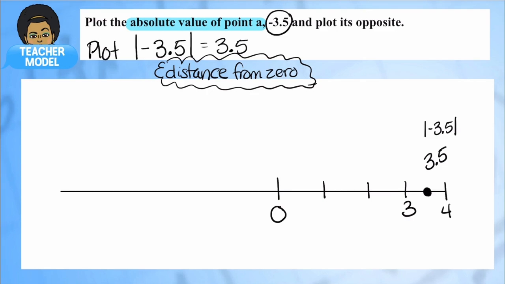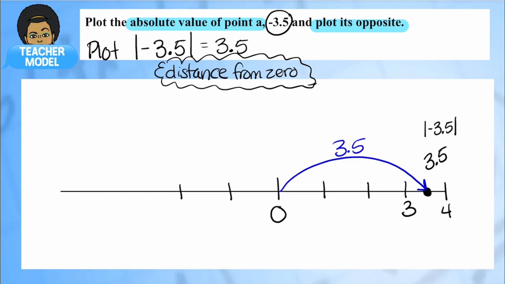All right, so that's the first part. And here's the second part of our question. That part, we broke it down pretty easily. The second part is to plot its opposite. So now this is where it gets fun. If we know that point A is 3 and 5/10 away from 0 to the right, I'm going to do the same thing to the left. I'm going to go 3 and 5/10 to the left. So same thing.